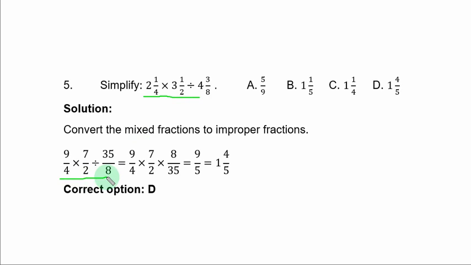By the rule of BODMAS, you need to simplify division first, and division of fractions simply means division sign changes to multiplication, and you invert this fraction to 8 over 35. If you cancel out and simplify, you have 9 over 5. To mixed fraction, you have 1 whole number 4 over 5. D is the correct option.